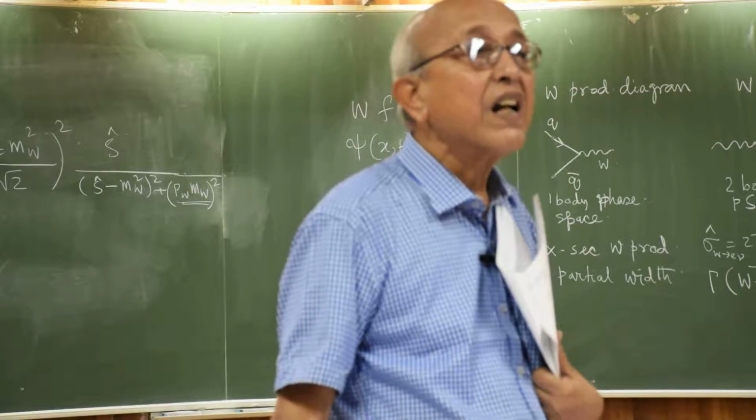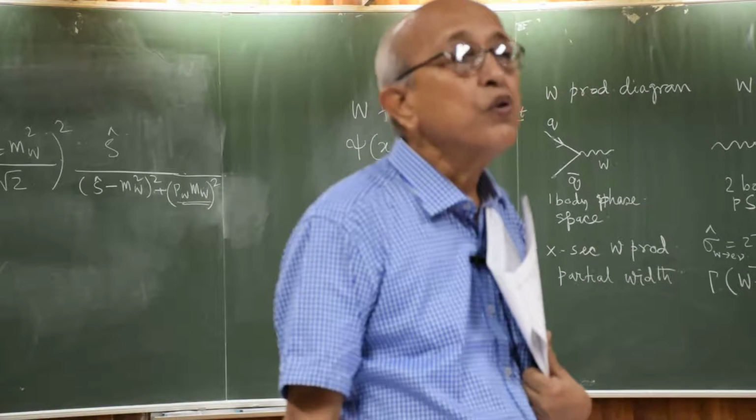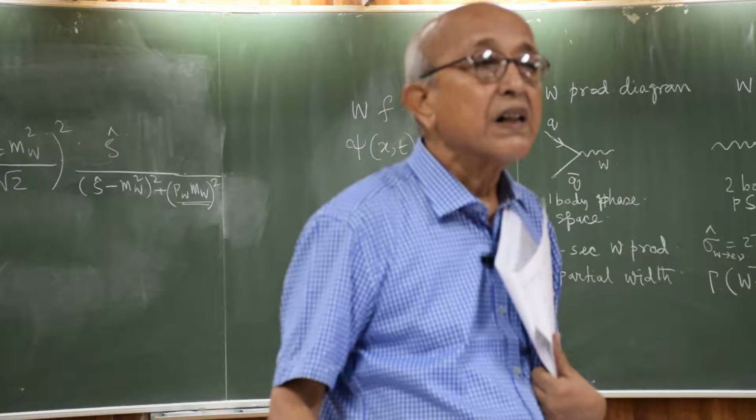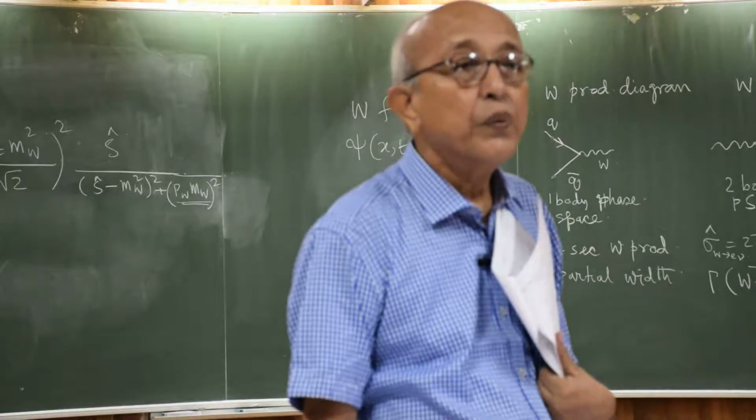How do I have an unstable particle? Well, you know from radioactivity that time dependence should be like e to the power minus gamma t, where gamma is the width.